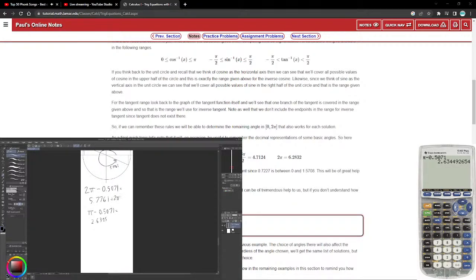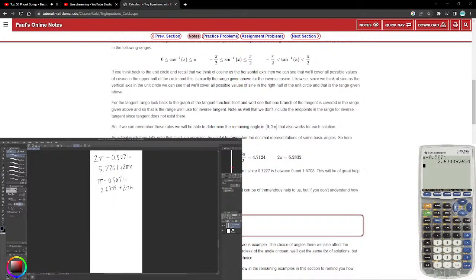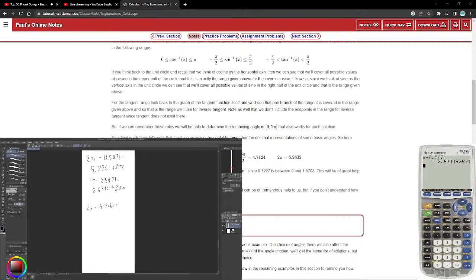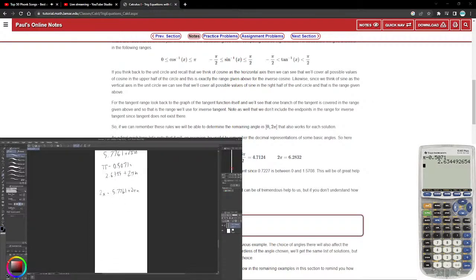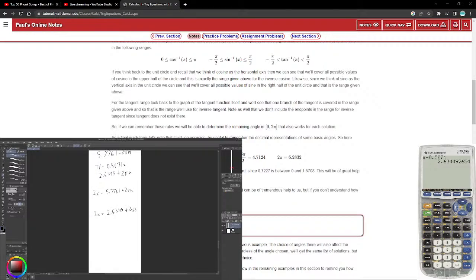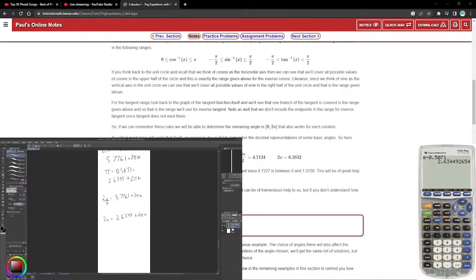Plus 2 pi n. I'm going to rewrite these down here and say 2x equals 5.7761 plus 2 pi n, and then 2x equals 2.6345 plus 2 pi n, divide by 2.